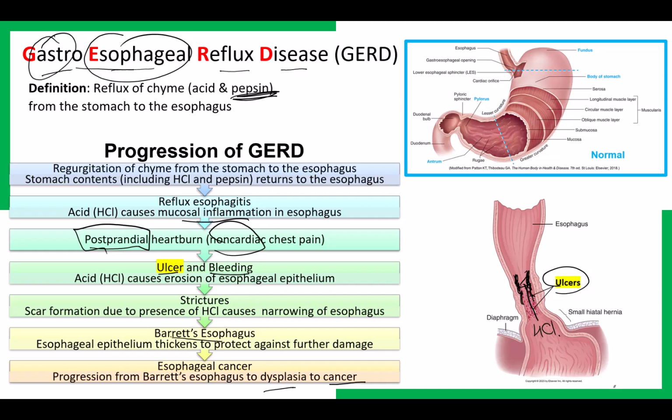So esophageal cancer is something that is one of the most serious effects of gastroesophageal reflux disease, again, due to chronic exposure of the esophageal lining to acid and pepsin.